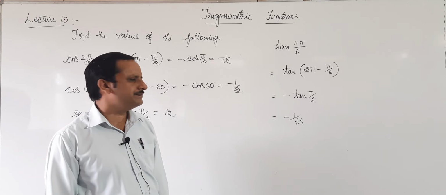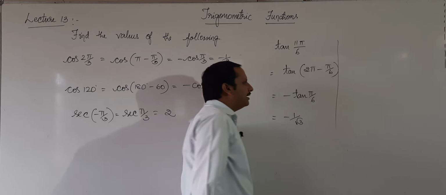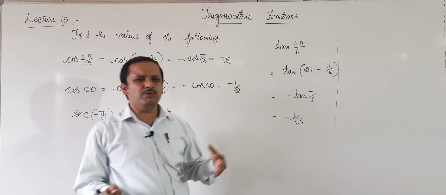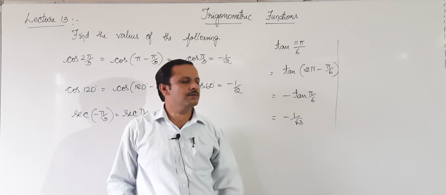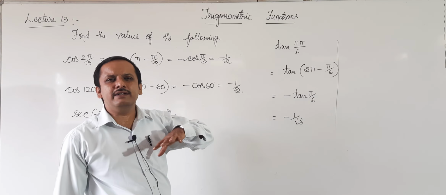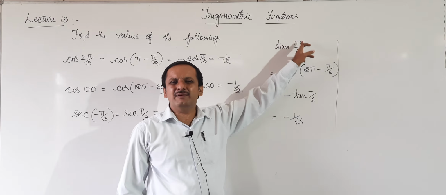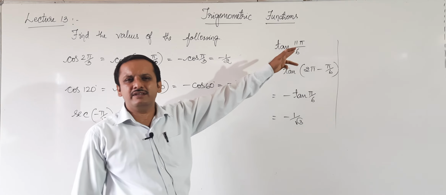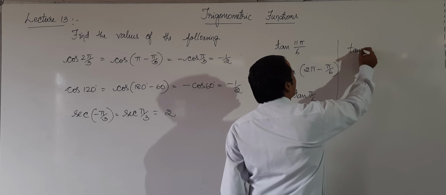Did you understand? Okay. If you feel that this is somewhat difficult, how do we get to know that 2 pi minus pi by 6 or 3 pi by 2, etc.? Then what I can do is write it in degrees. Pi by 6 is 30 degree, you know. Pi is 180, 180 by 6, 30. 30 into 11, 330. So this is same as tan 330 degree.